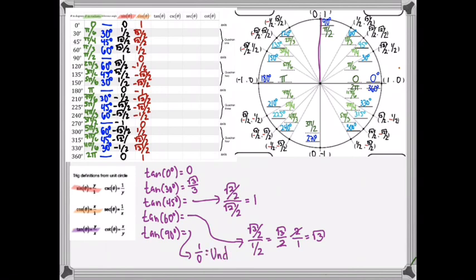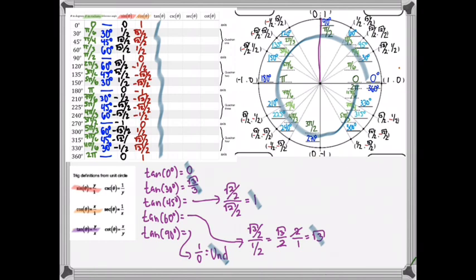So the values that we just discovered are going to be, in some way, shape, or form, the numbers, whether they be positive or negative, for the tangent column as we go around the unit circle and keep doing y divided by x.